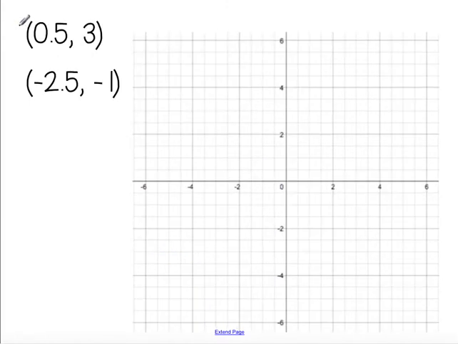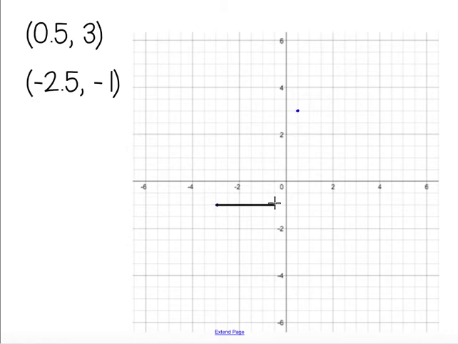And here's another one. We have the point 0.5, 3. So here's 0.5, up 3. And then we have negative 3, negative 1. So if I did a line, it would be going up to the right, so my slope is going to be positive.